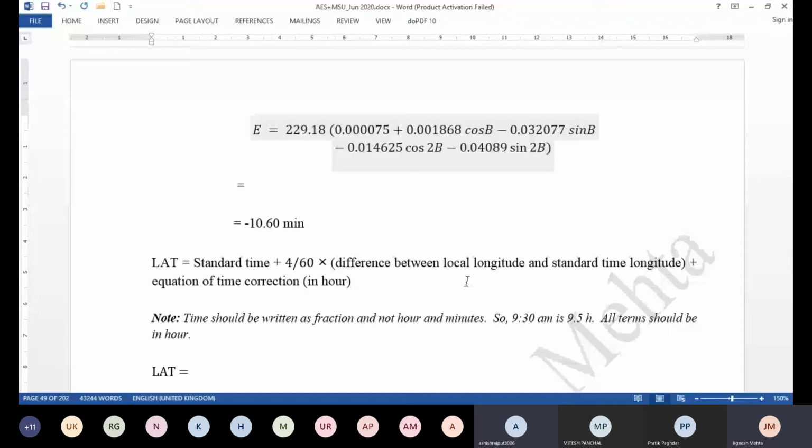So put it in this equation. It's a bit lengthy equation. You should not be making any mistake. And check whether you get this number, minus 10.6 minutes.